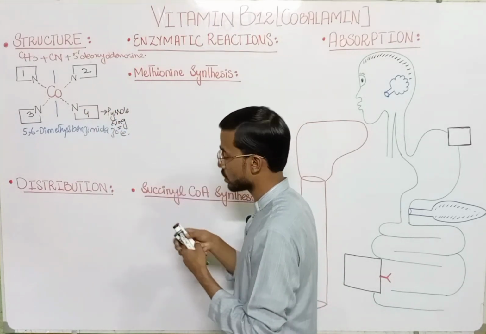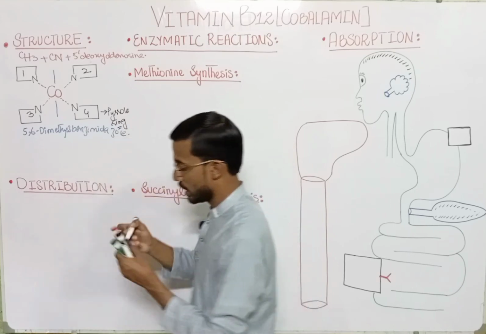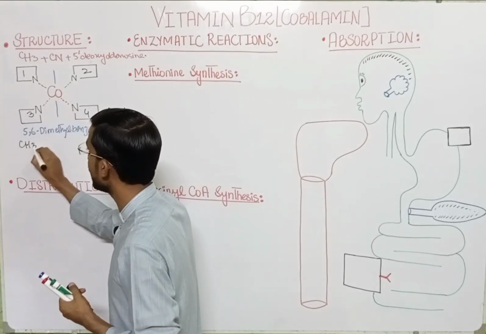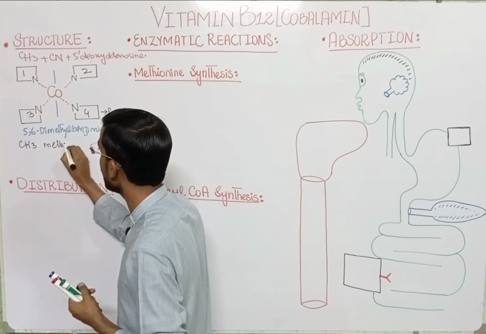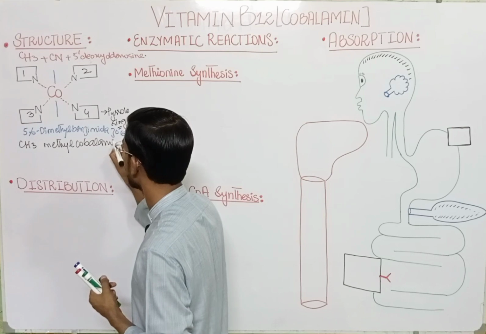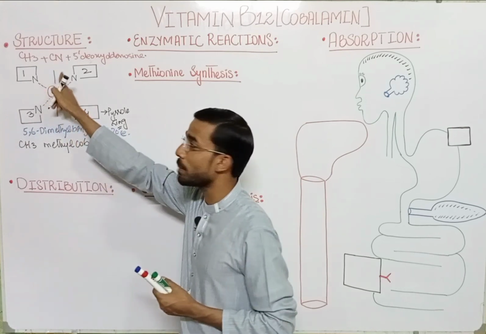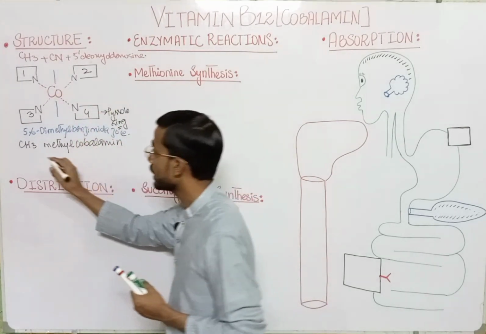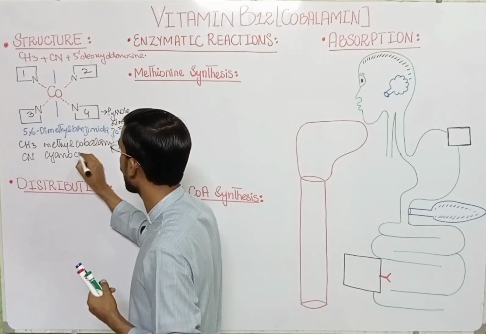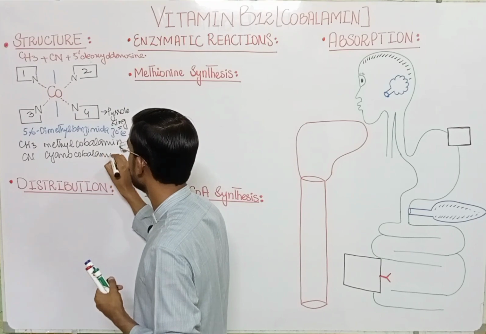If the methyl group is attached, it is called methylcobalamin. If the cyanide group is attached to the upper part, it is called cyanocobalamin.